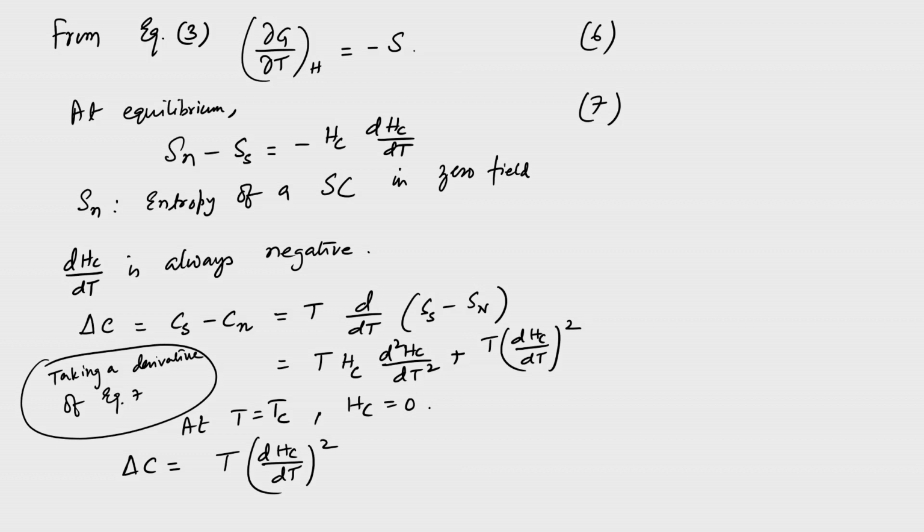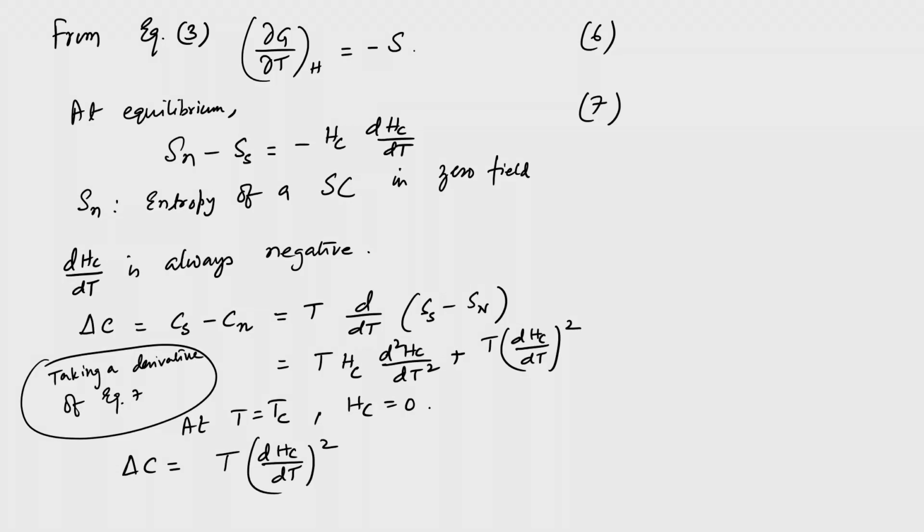There is one thing that you should not forget: even if at T equal to T_c, H_c equal to 0, dH_c/dT exists, which means the slope of the critical magnetic field with temperature continues to exist, which gives rise to a discontinuity there. So, this is the formula for the specific heat discontinuity.